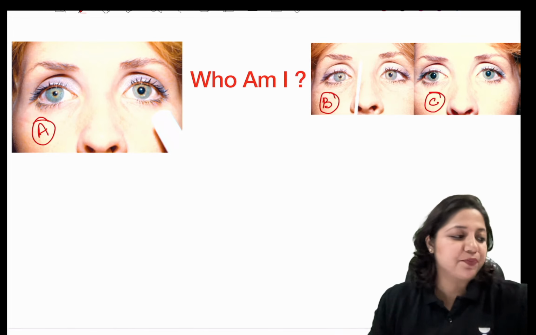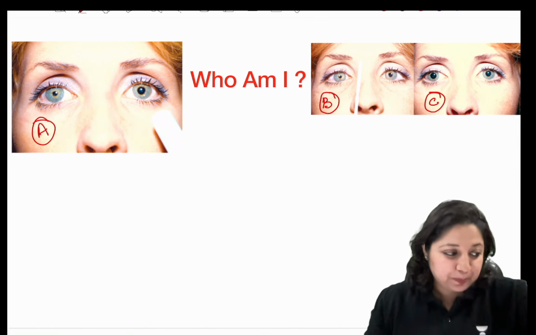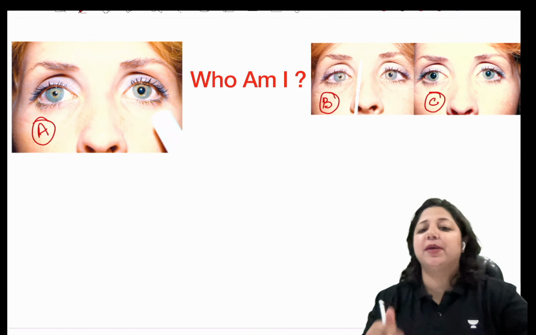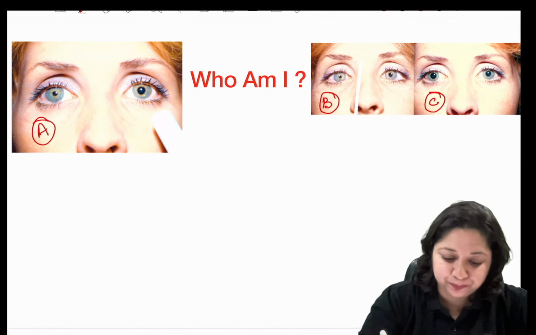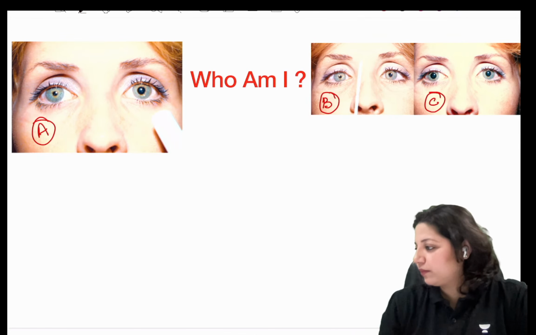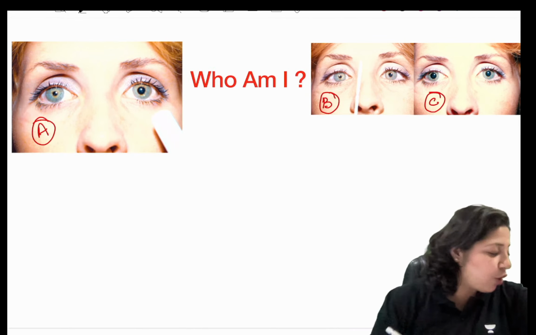Anybody wants to attempt? If not the diagnosis, just tell me, what do you see in image A, what is seen in image B, and what in image C? Absolutely, Mithu. This is Adie's pupil, but what do you see?